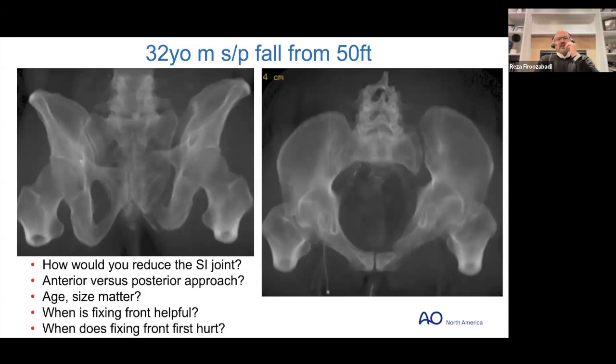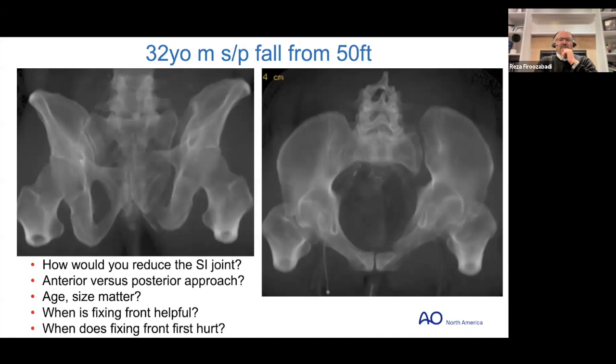Now, Mark or John, when you look at this, is this something where you think, okay, he's young, he's 32, let's pretend he's healthy, doesn't do drugs, doesn't have psych issues, a relatively normal 32-year-old male. Are you going to try a closed reduction with this?